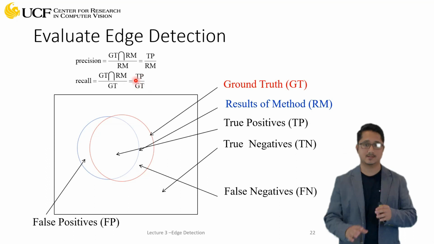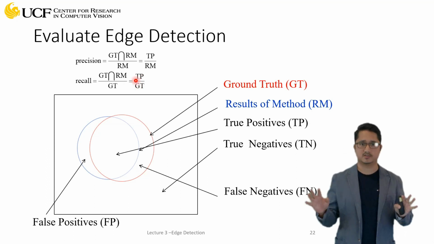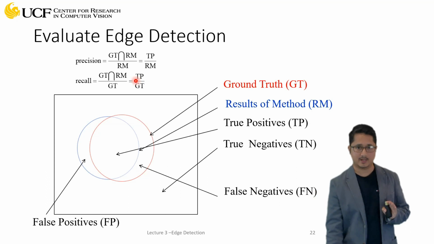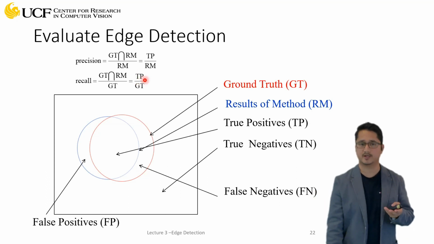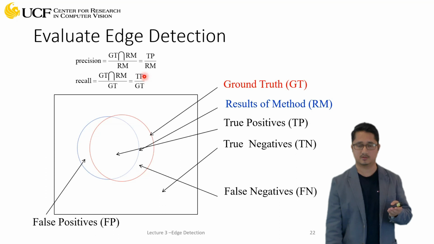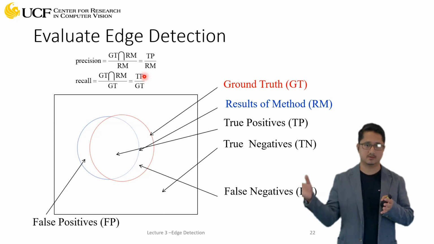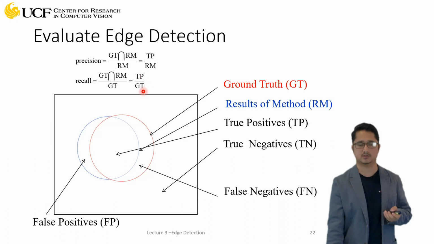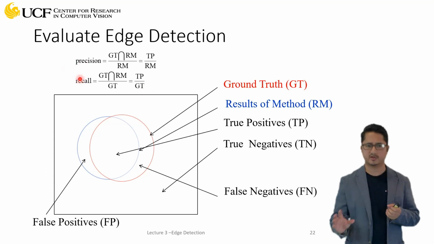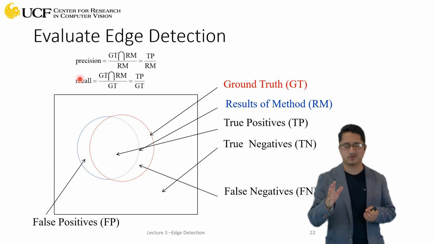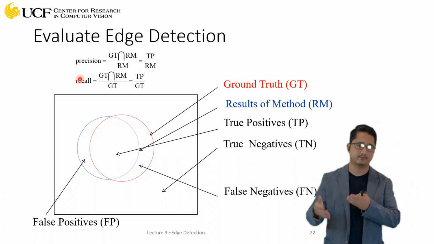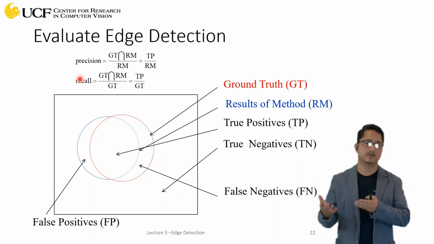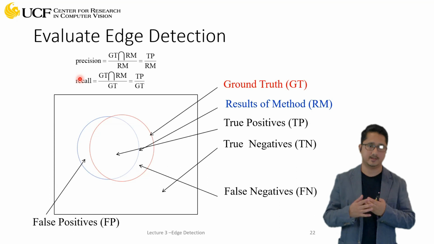Let's say in the ground truth you had 1,000 edges, and your method could only detect 50 edges which were correct, which means that out of 1,000, your method only predicted 50 edges. So the recall will be 50 over 1,000, just 5%. So that's the slight difference between precision and recall. Precision is how accurate your method is, and recall is how much of it the method can actually recall or collect.